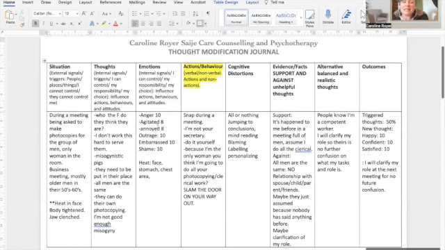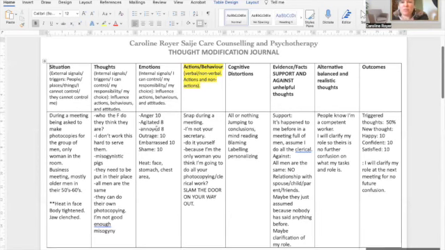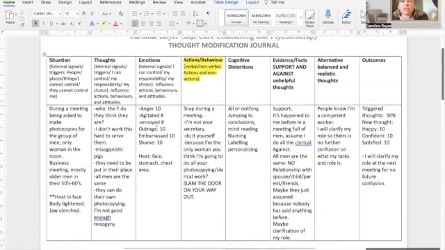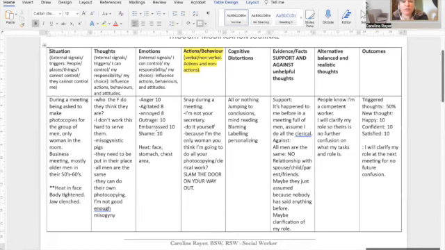So in the second example that I'm using for my thought modification journal, I decided to do things a little bit different for this one. Rather than start off in the situation, which I did in the first one, I'm starting with the actions and behaviors.